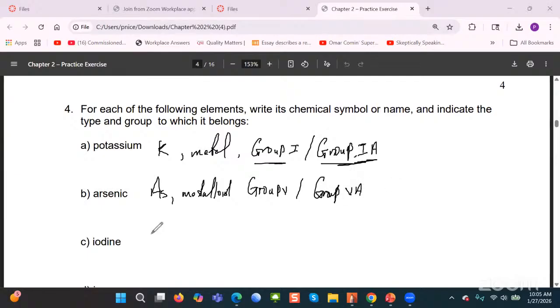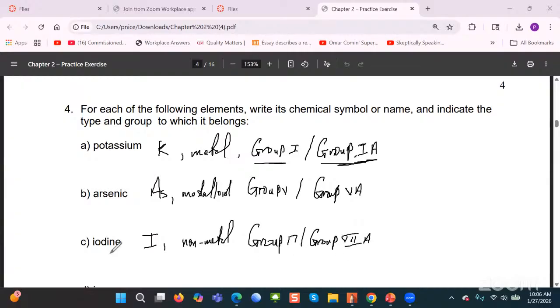And then iodine, the symbol is I. It is a nonmetal, and it would be in group 7. Well, actually, according to the new system, it would be in group 17 or group 7A. So it doesn't matter again which one of these you use.